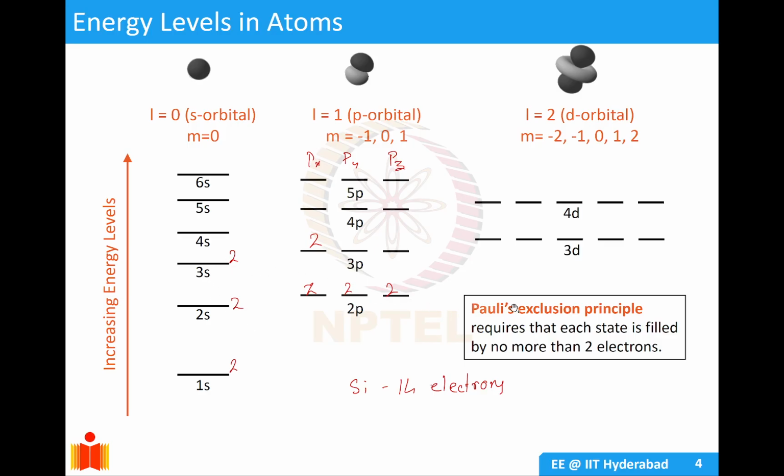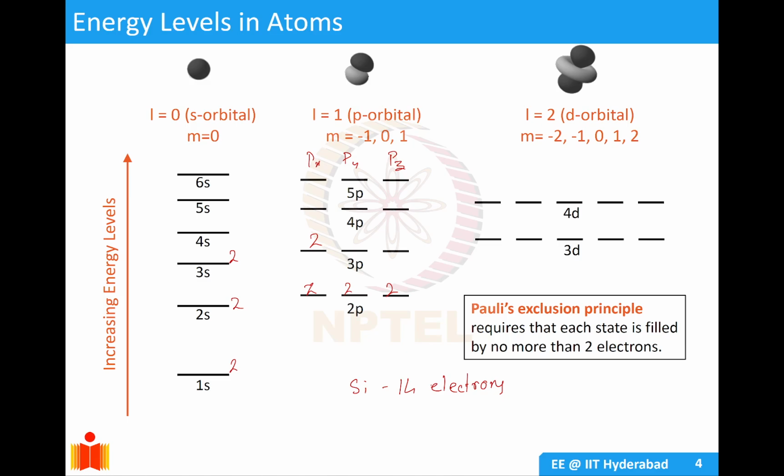And by Pauli's exclusion principle, no two electrons can have all the same quantum numbers. So we generally have four quantum numbers: n, L, M, and s, sometimes written as ms, which is the spin quantum number.